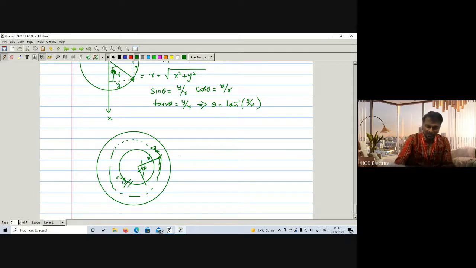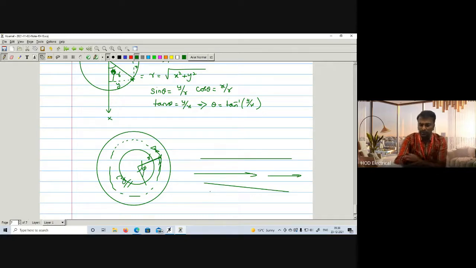In other applications also, for example, water flow in a cylinder or solenoid, how the water is flowing from start to end, the direction of flow, all those things we can understand through the cylindrical coordinate system. So the cylindrical coordinate system is very important for understanding electromagnetic theory, magnetic fields, and their direction.